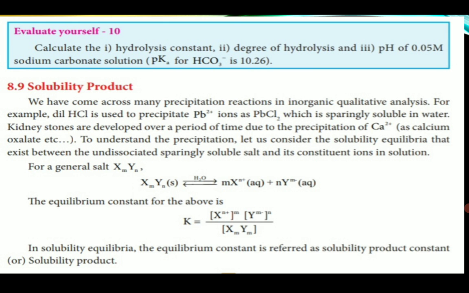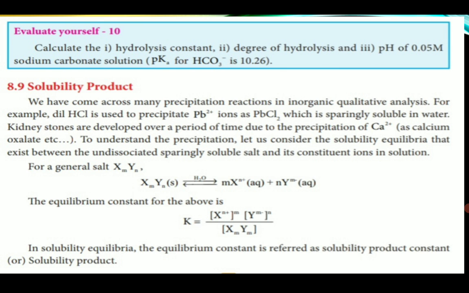To understand the precipitation, let us consider the solubility equilibria that exist for a general equation. XmYn is equal to mX n plus and nY m minus. The equilibrium constant for the above equation is the product of the concentrations of the products divided by the concentration of the reactant.